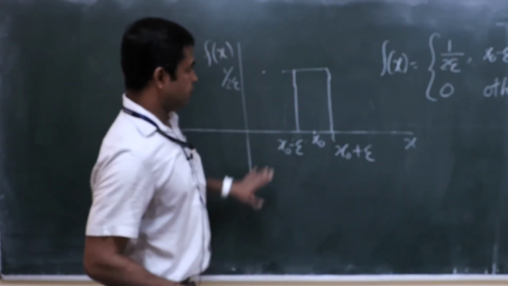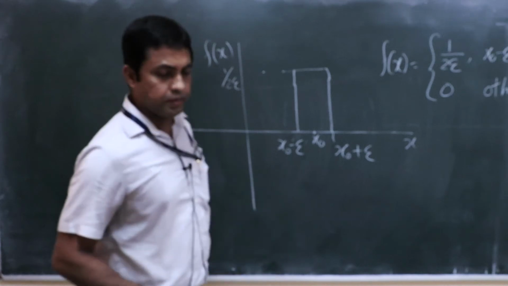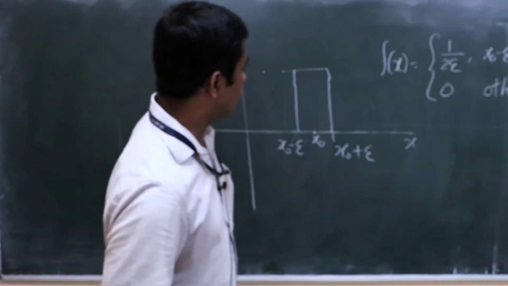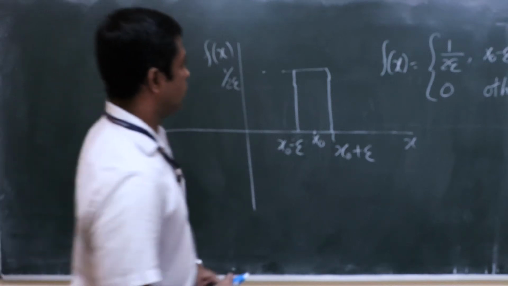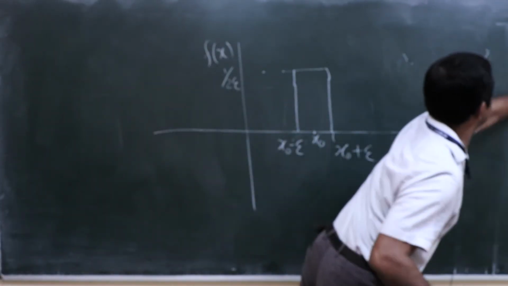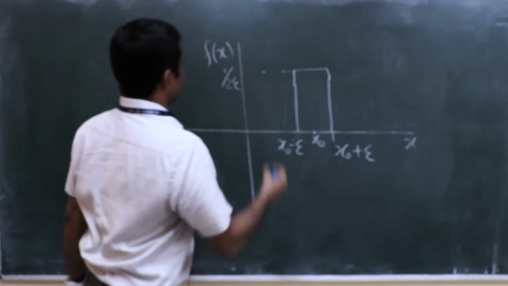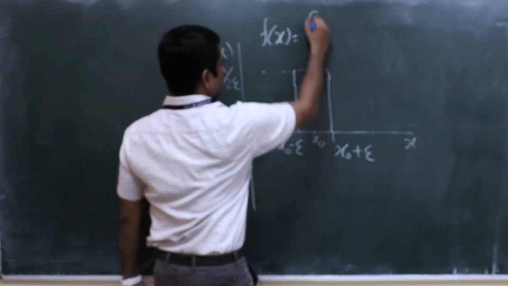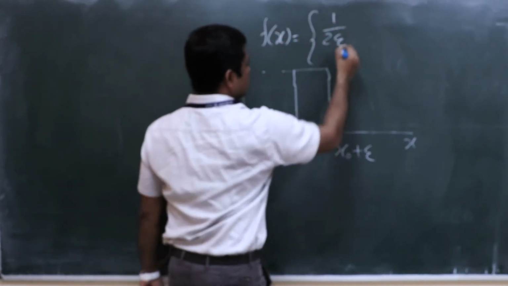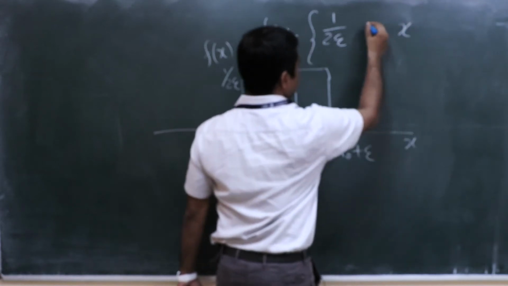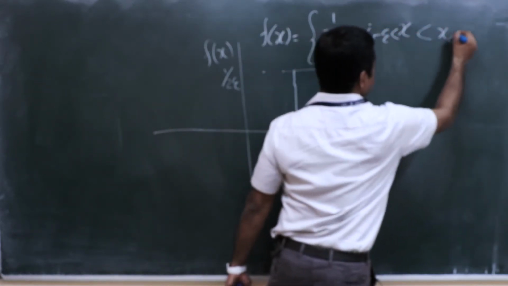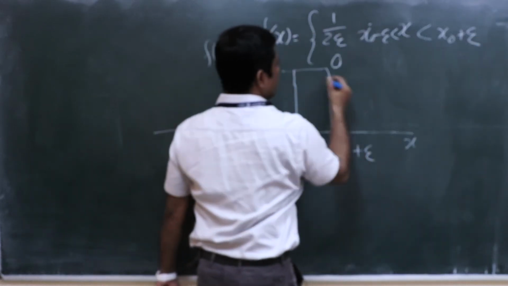So this is my f of x now. Okay, fine. So f of x is equal to 1 by 2 epsilon when x is between x0 minus epsilon and x0 plus epsilon, and 0 otherwise.